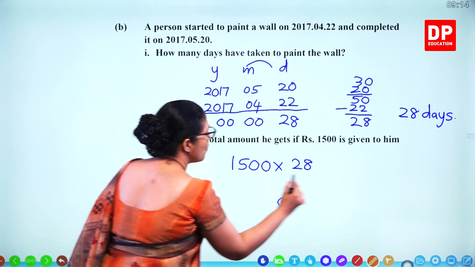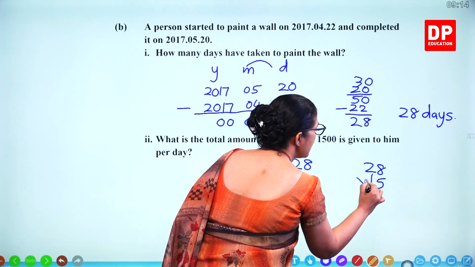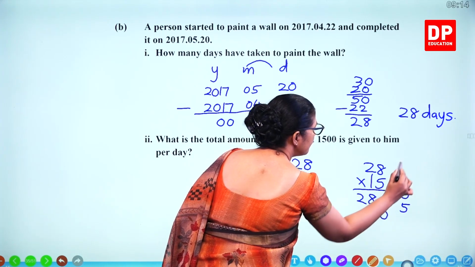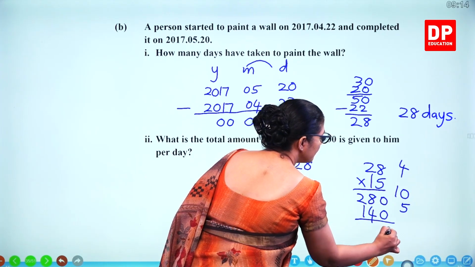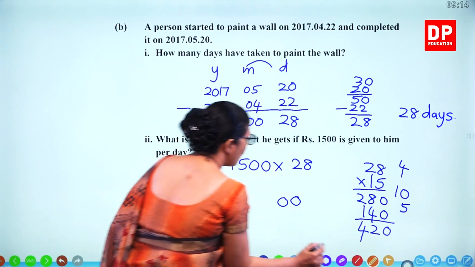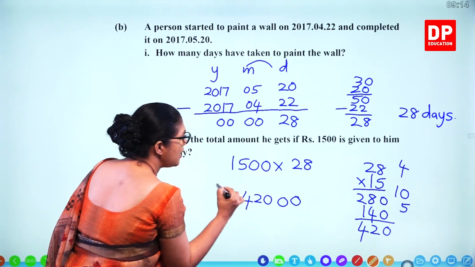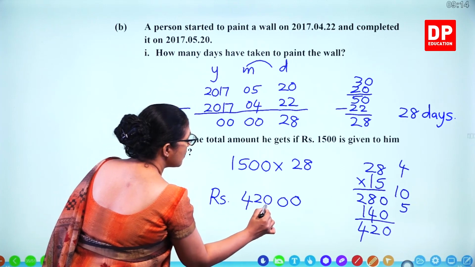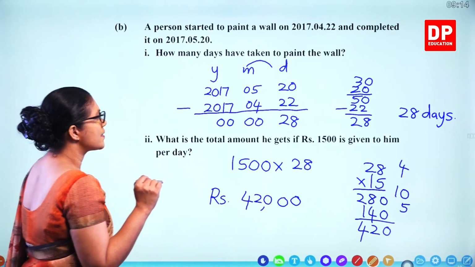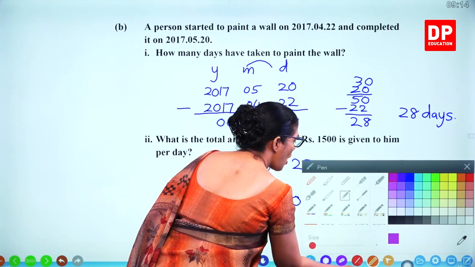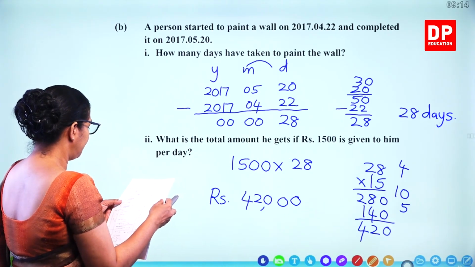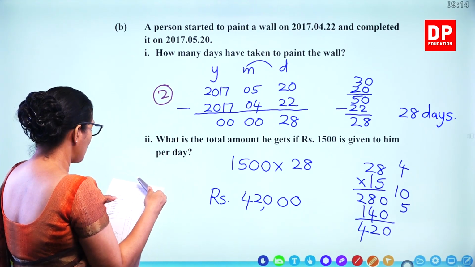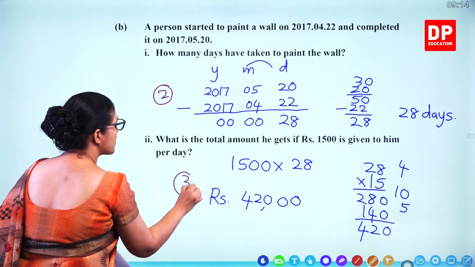So 0, 0. 28 we have to multiply by 15. 10 and 5. 420, and this is 42,000 rupees. So how many marks? 2 marks for this part, and 42,000, 3 marks.